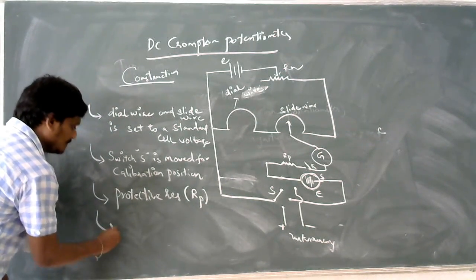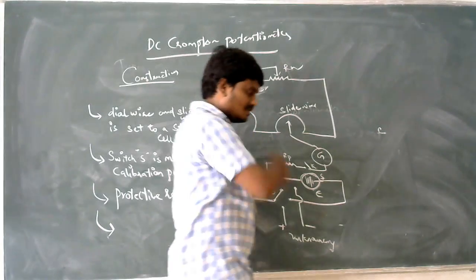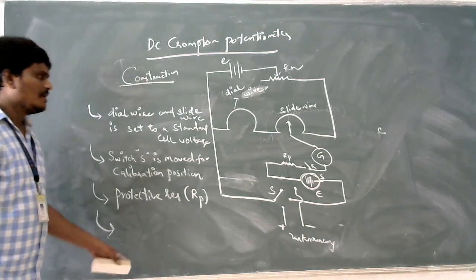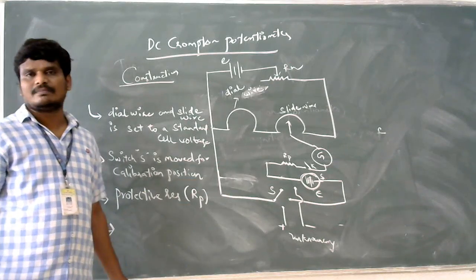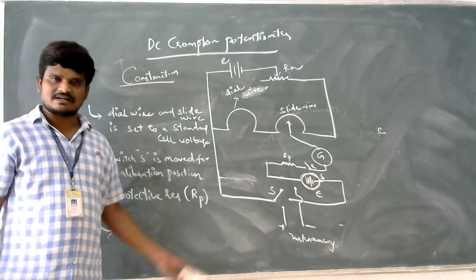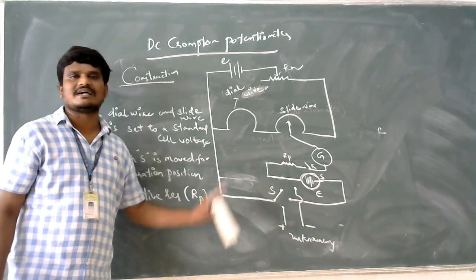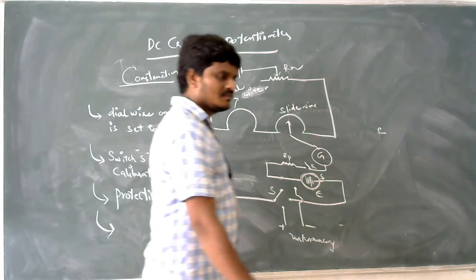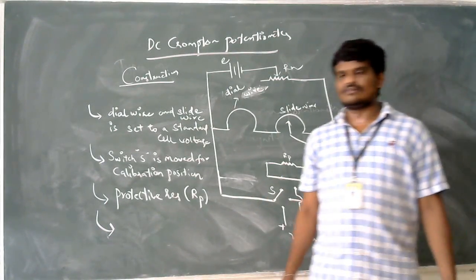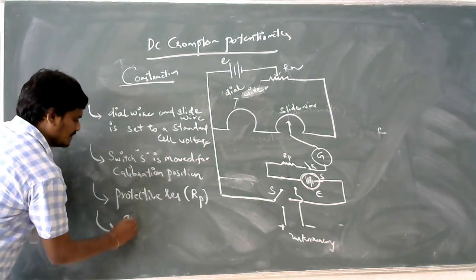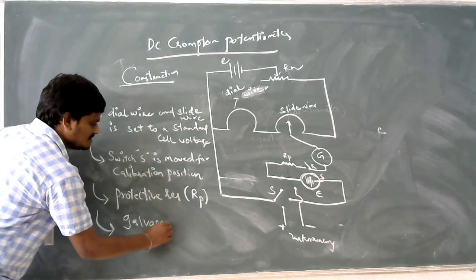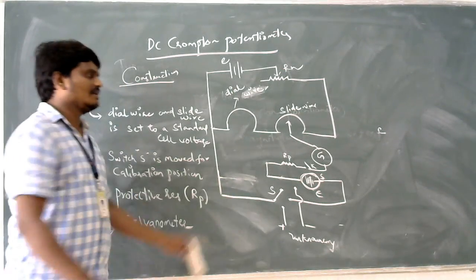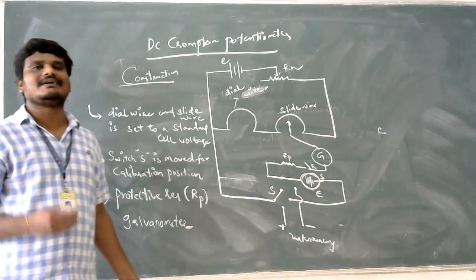Now, coming to the next step, in order to measure the magnitude of an unknown EMF: whenever the switch S is moved to the calibrate position, that is, connected to a standard cell, the galvanometer connected to this circuit will start deflecting.